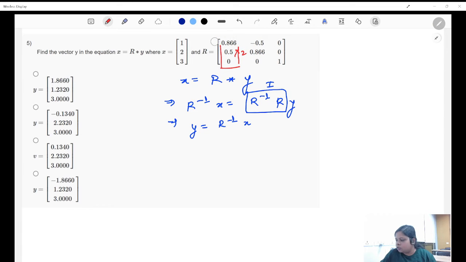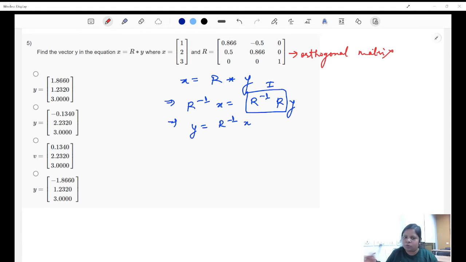One of the most important properties of these matrices: this is an orthogonal matrix, so you should know how to identify an orthogonal matrix. If you identify that it is orthogonal, you're not going to find the determinant, and you're not going to calculate the inverse by doing adjoint, transpose, calculating minors.